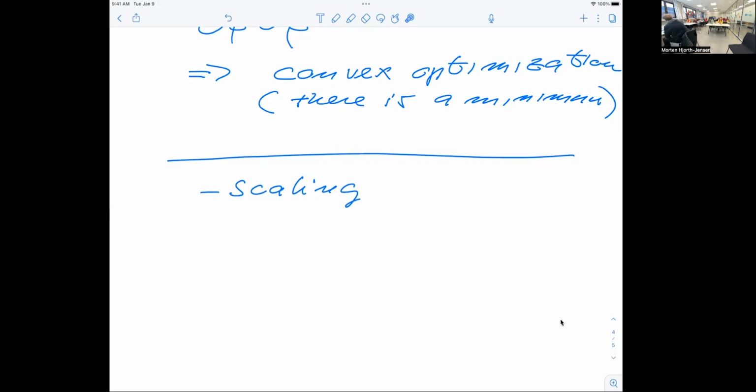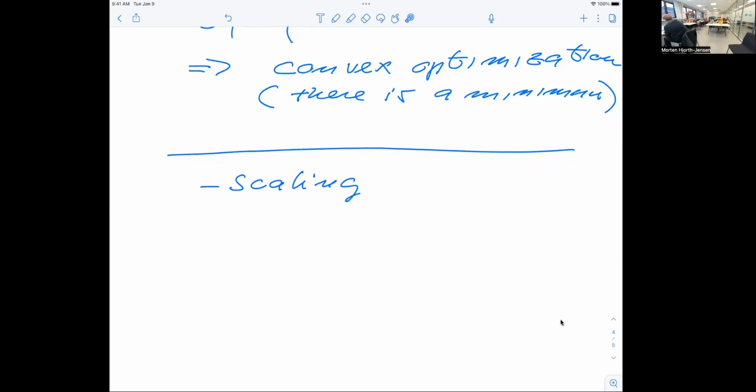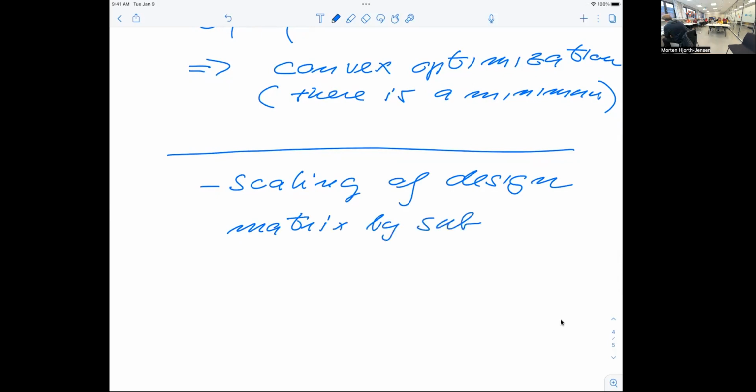But let's look at the scaling of the design matrix by subtracting the mean value of each column.